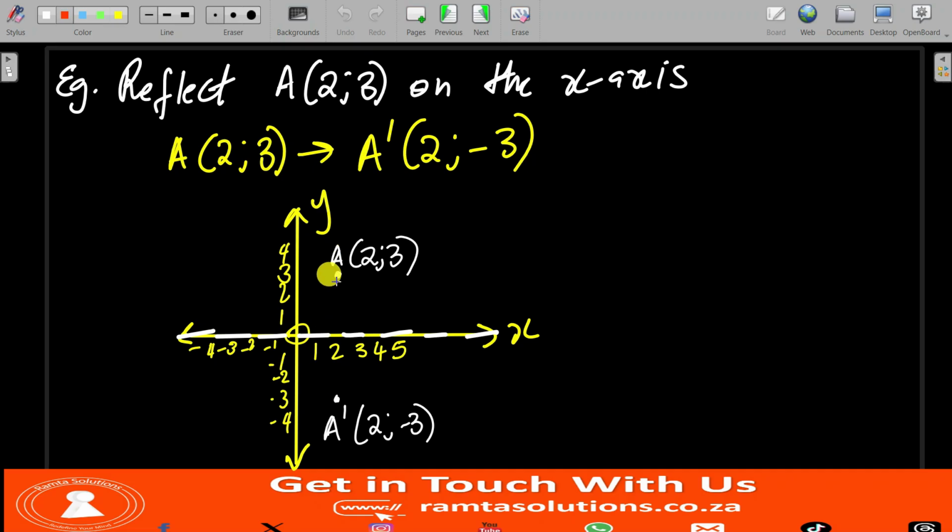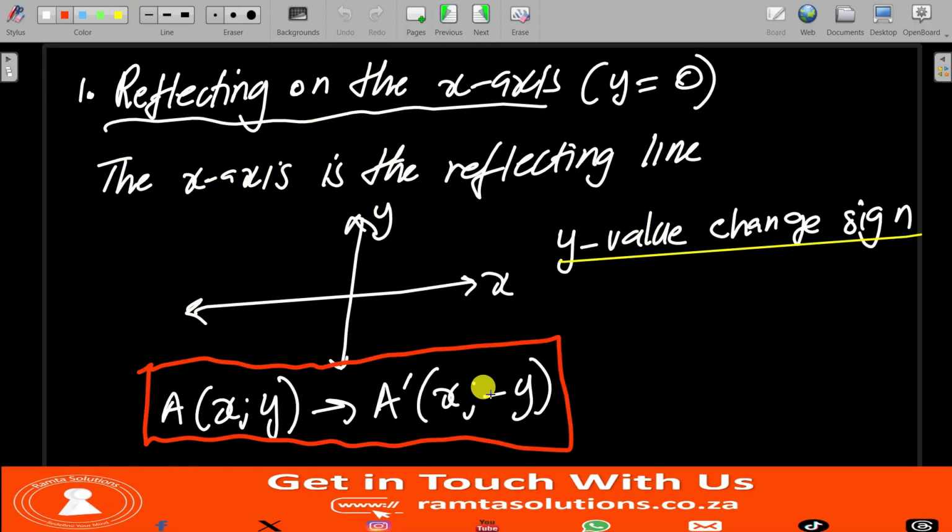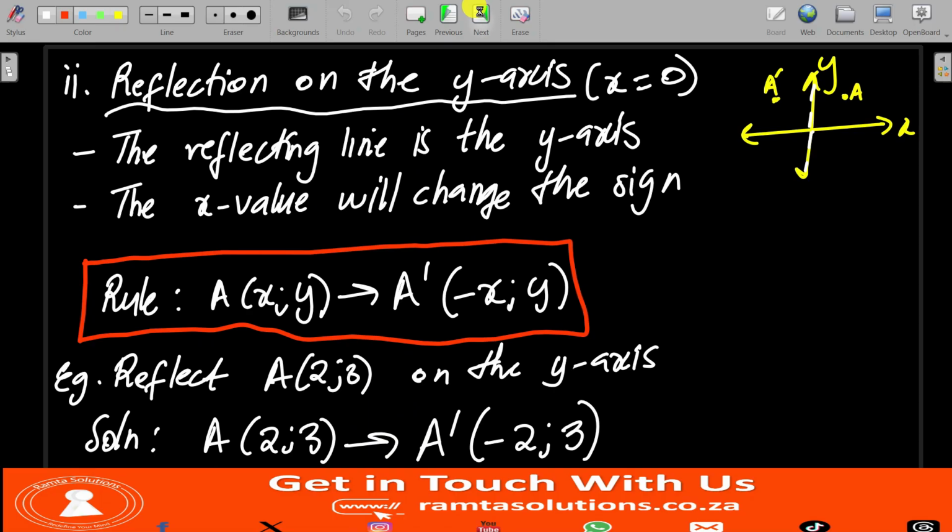So we can say the distance between the original and the image is twice the distance between the original and the reflecting line. Maybe we can call it 2k. So this k here is 0, which makes it 0. Hence, it is not surprising that we're saying x, negative y. Now, let me go back to what we are doing right now.